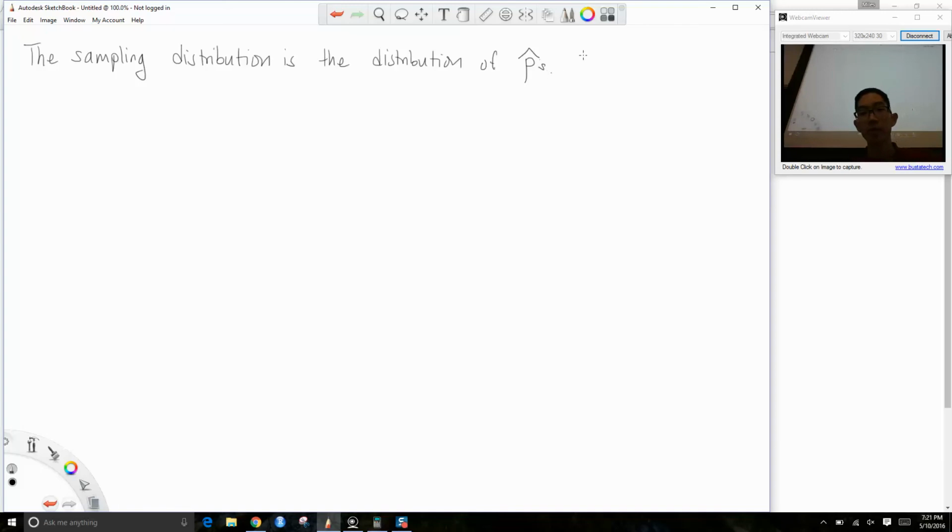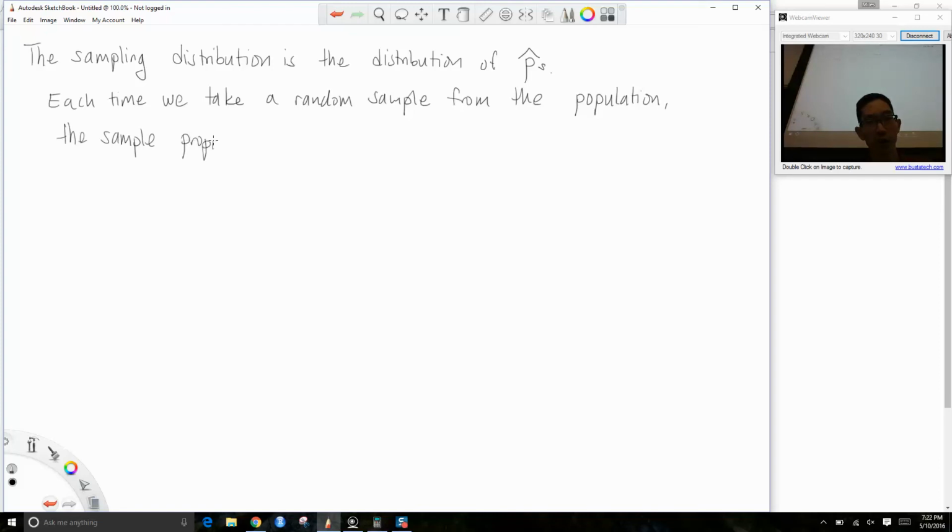Each time we take a random sample from the population, the sample proportion p hat can vary from sample to sample.